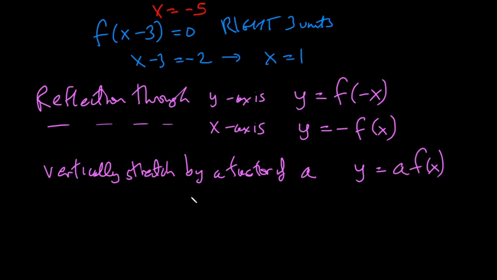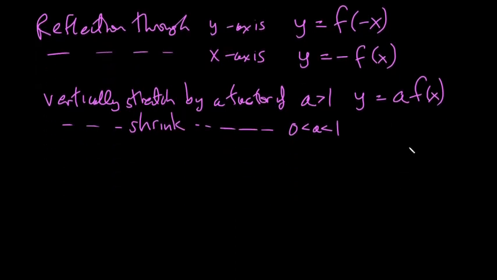Oh, and a would have to be bigger than 1 for it to be a stretch. It would have to be less than 1 if you're shrinking or compressing. And then if you're doing this horizontally, it of course is the complete opposite.